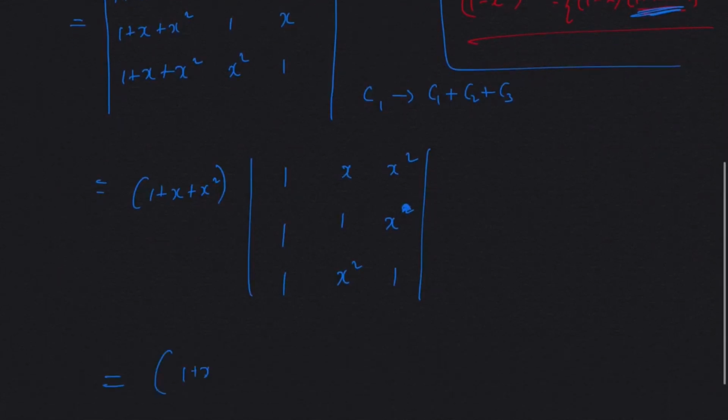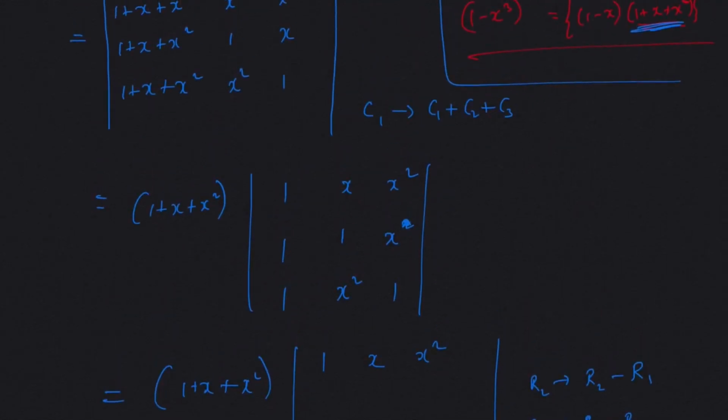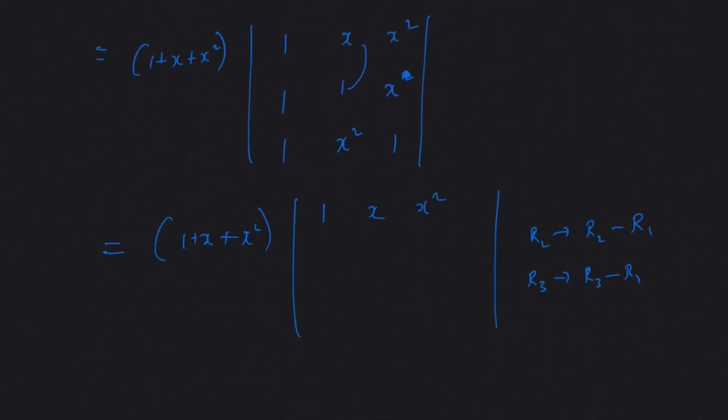So 1 plus x square. Whenever we have this 1 1 1, it's quite simple. We can apply r2 as r2 minus r1, r3 as r3 minus r1. Again, look at the proof, 1 minus x, maybe that can also be possible. So r2 minus r1: 1 minus 1 is 0, 1 minus x, minus x square.